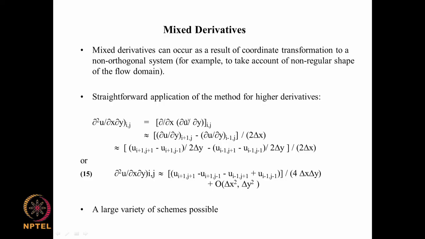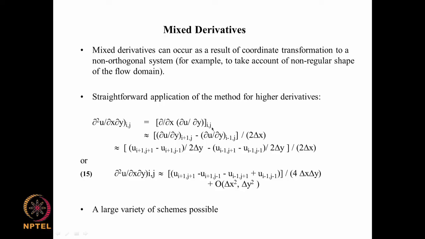Okay. So, now we can evaluate this function, which is the variation of this function in the x direction. So, we can write this as dou u by dou y at I plus 1, j minus dou u by dou y at I minus 1, j. Okay. So, we are evaluating the x derivative of this function, and x derivative means that here we are using central differencing. So, we are putting it as I plus 1 and I minus 1.